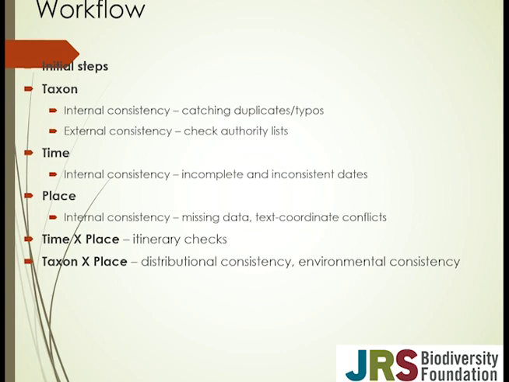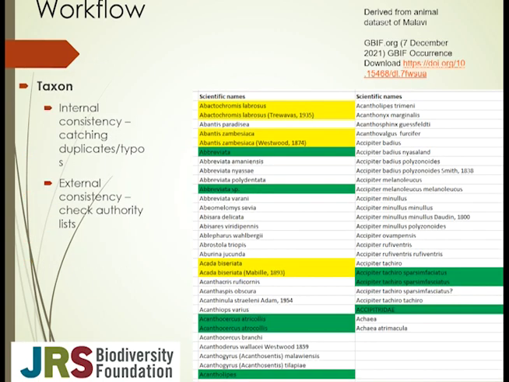Now, let us talk about the taxon, internal consistency and external consistency. Here you have data I just downloaded, and it concerns the animal of malaria. I downloaded it on 7 December 2021, when I was preparing the course.